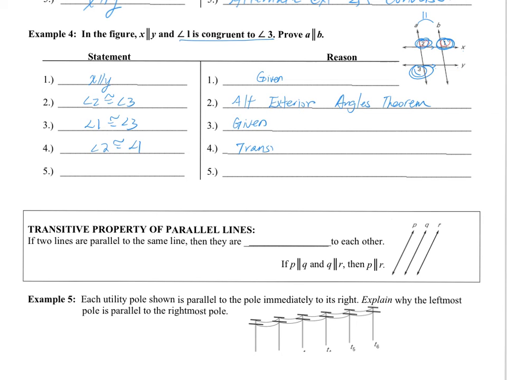Transitive property of congruence. And now that I proved that angle 2 is congruent to angle 1, I can state that A is parallel to B by the corresponding angles converse, which is the opposite of the corresponding angles postulate.